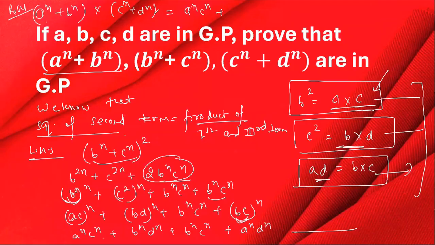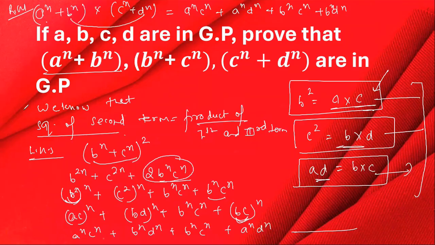Then A to the power n with D to the power n gives A to the power n, D to the power n, plus B to the power n with C to the power n, plus B to the power n with D to the power n.